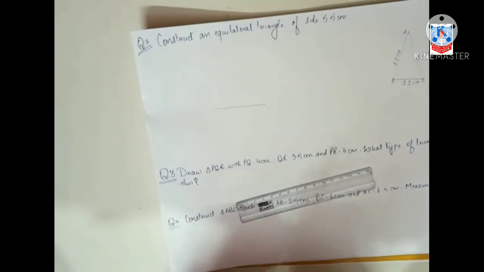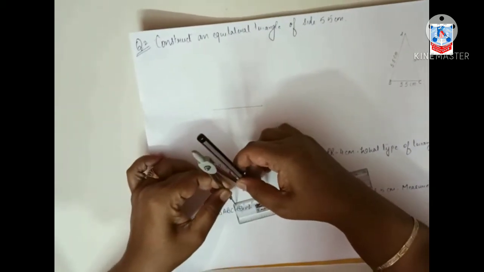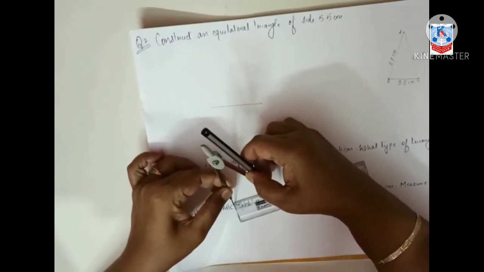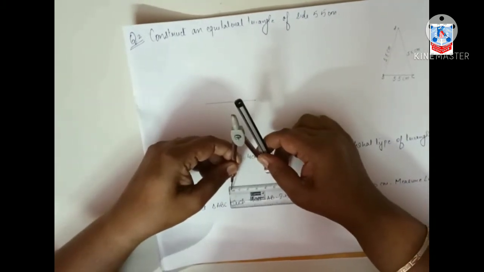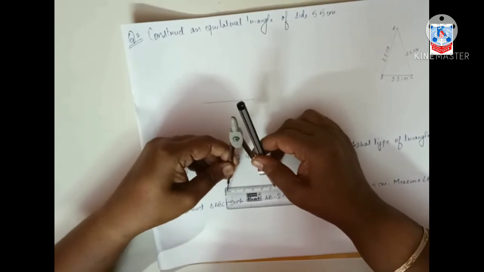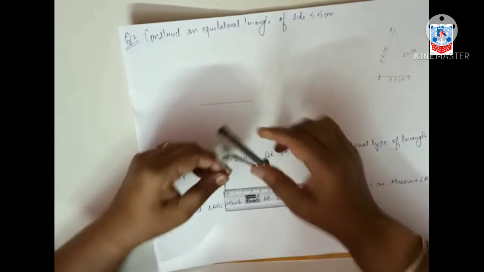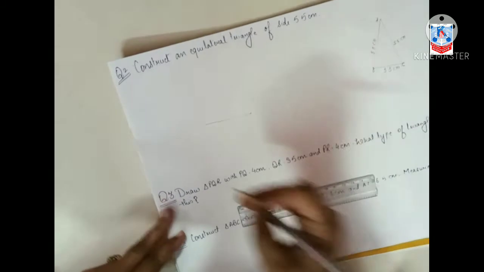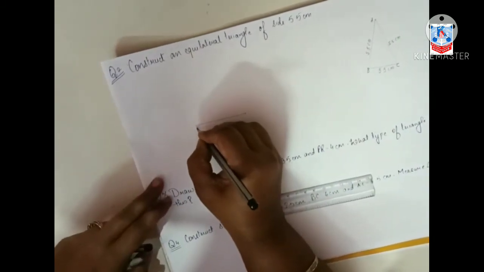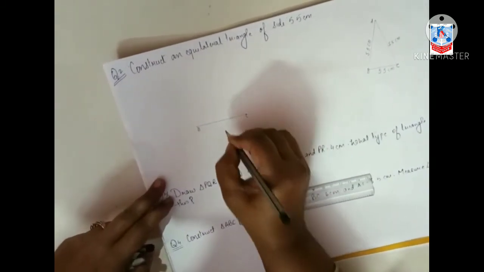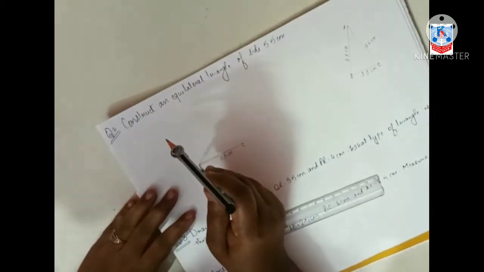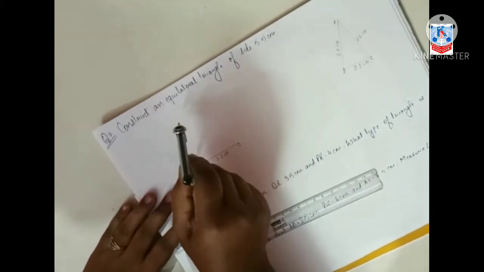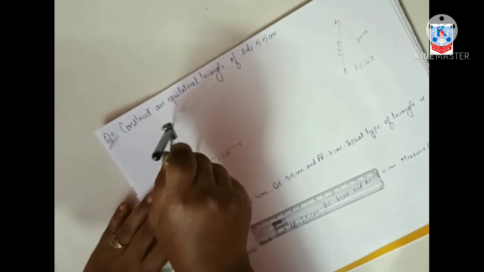Now with compass take 5.5 cm. See, BC 5.5 cm, with center B draw an arc like this way.